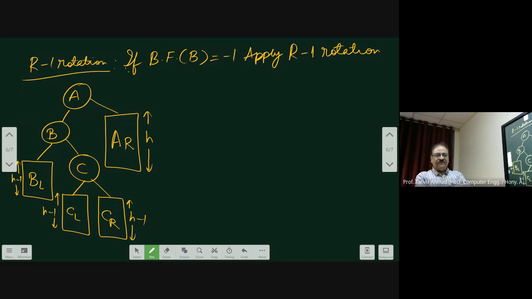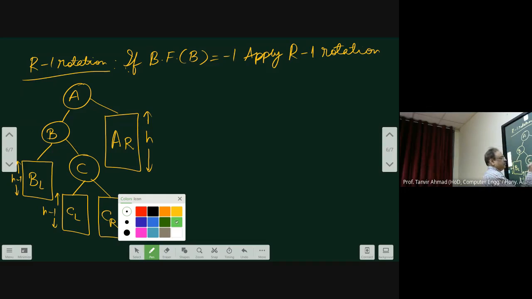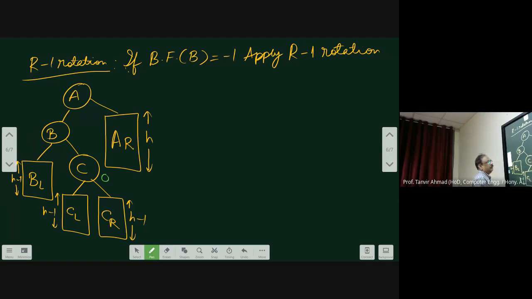Now calculate the balance factor. Now let us do it for this. This is 0. This is -1. What is the balance factor of A? And you are deleting something from here.